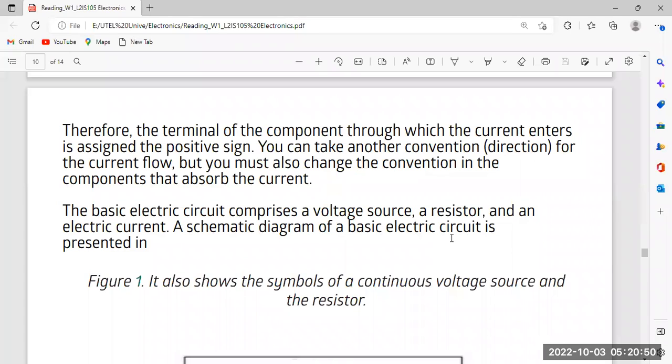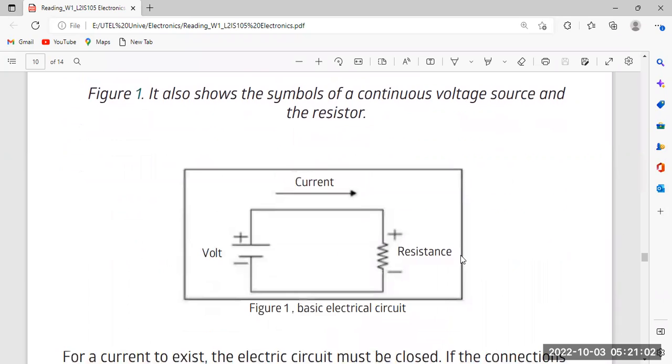The basic electric circuit comprises a voltage source, a resistor, and an electric current. In figure 1, we will see a schematic diagram of a basic electric circuit. This is the basic electric circuit where there is a voltage source and a resistance, and because of this voltage source, the current is flowing in the circuit.